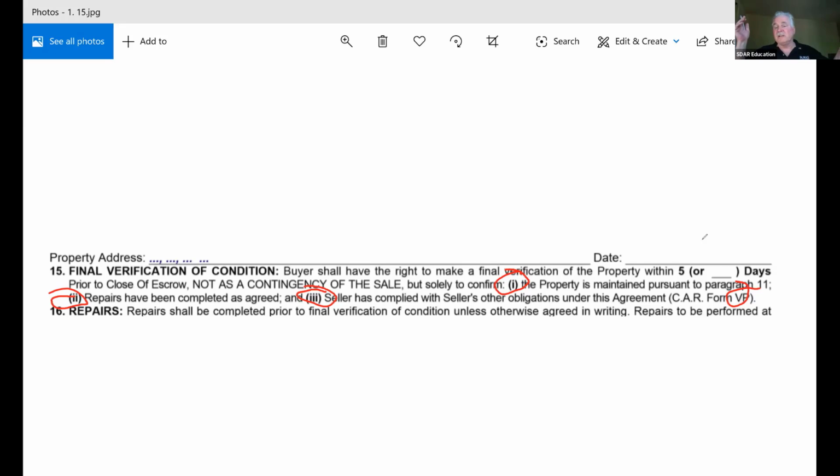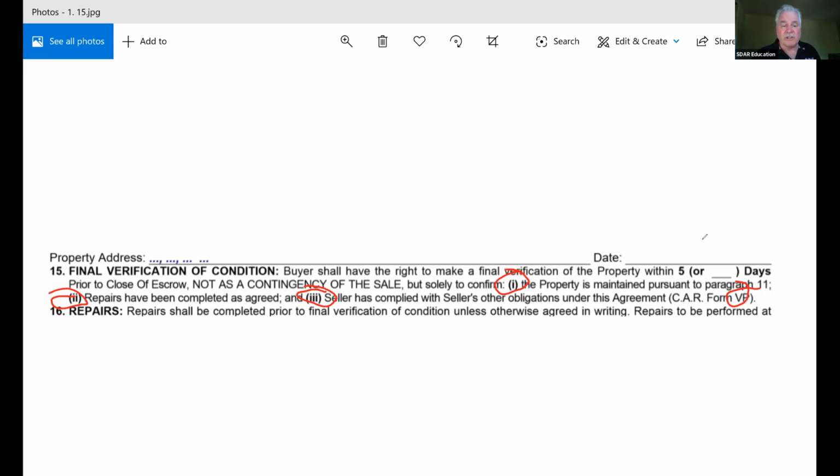Seller doesn't have to address it, but the buyer is documenting it and putting it on the form so that they've made the seller aware, prior to the transaction transferring from seller to buyer, that the buyer has a problem with some of the items that are contract based. It gives the seller an opportunity to take care of things, but if the seller doesn't do it, then guess what? The buyer at this point still has to close, right?